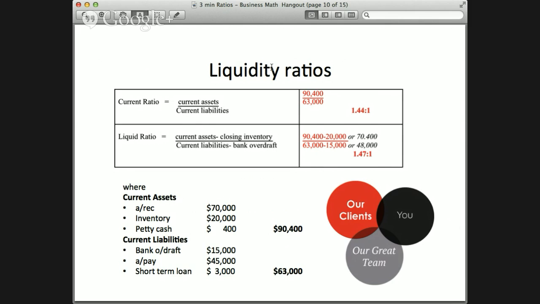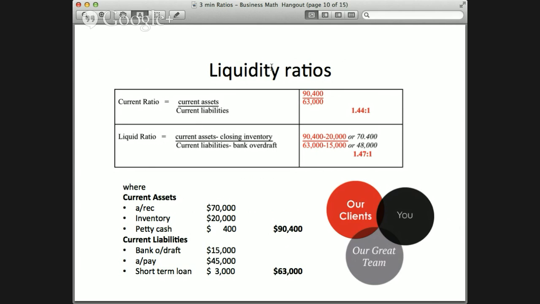The summation of that is 63,000. So looking at the current ratio, current assets over current liabilities, we've got 90,400 divided by 63,000, which is expressed there as 1.44 to 1.